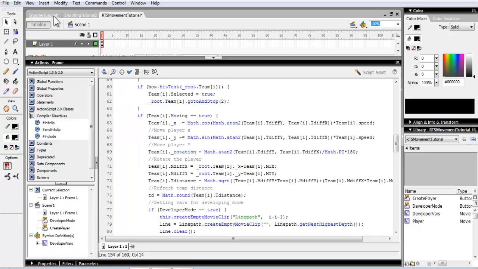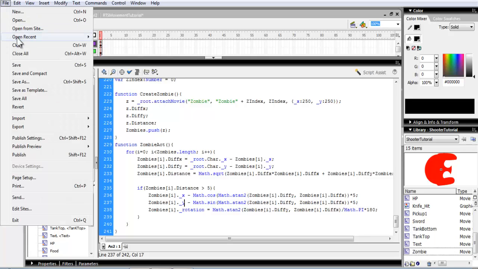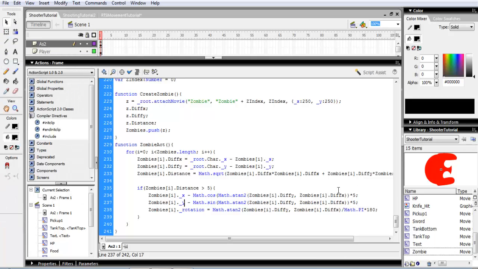Times by speed. So you could just put times by 5. And it's the same for that, but sin. I don't know why it's sin and cos. I worked it out on the calculator. I created random numbers and worked out how this would work, and if you switch them around, you get random numbers. So y is sin and x is cos for movement when you're coding, like when you're doing this line of code.